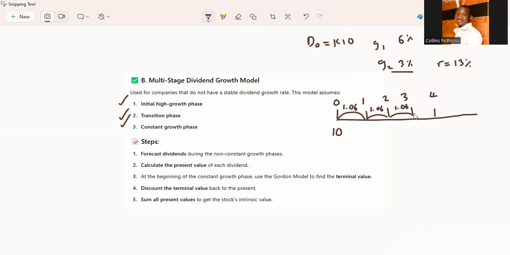So we're not multiplying by 1.06, but we're going to multiply by 1.03. So let's calculate. 10 times 1.06, 10.6. That is the dividend for year 1. Then 10.6 times 1.06, what are we going to have? Quickly.